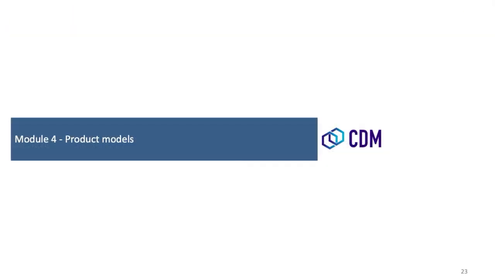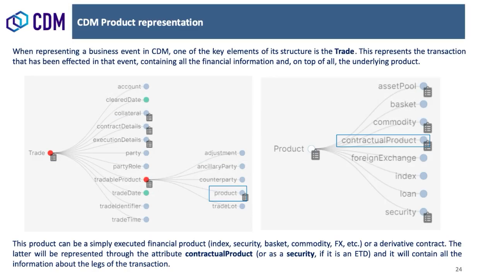Cool. Yeah, product models. Since we are talking about structured finance, I thought it was interesting to look at products. Some of the teams here have been working on structured finance products, but in CDM there are some interesting features around products. The representation of derivatives is using this tradable product, and then going into the product model, it's not a surprise.